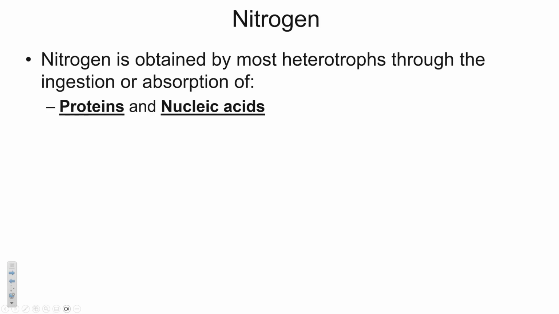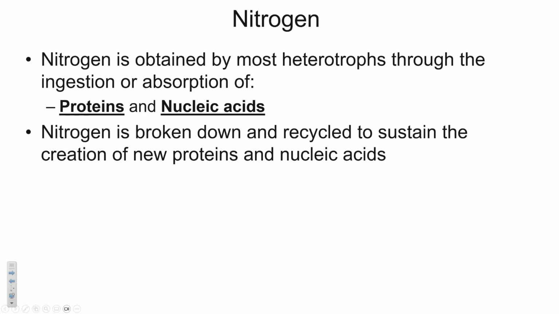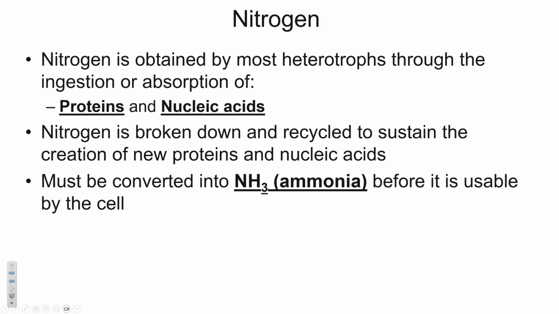And so then ultimately, as we'll show later, these are used to build new proteins and nucleic acids. So nitrogen is ultimately broken down and recycled over and over again, used to build protein and nucleic acid, and then broken down from protein and nucleic acid to build new ones. So there's a lot of recycling that goes on there.